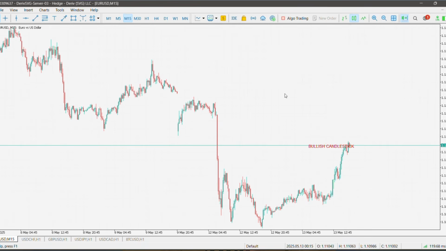Do you see this going up, this upward movement by price? That is what we call a bullish market. And this downward movement is what we call a bearish market.